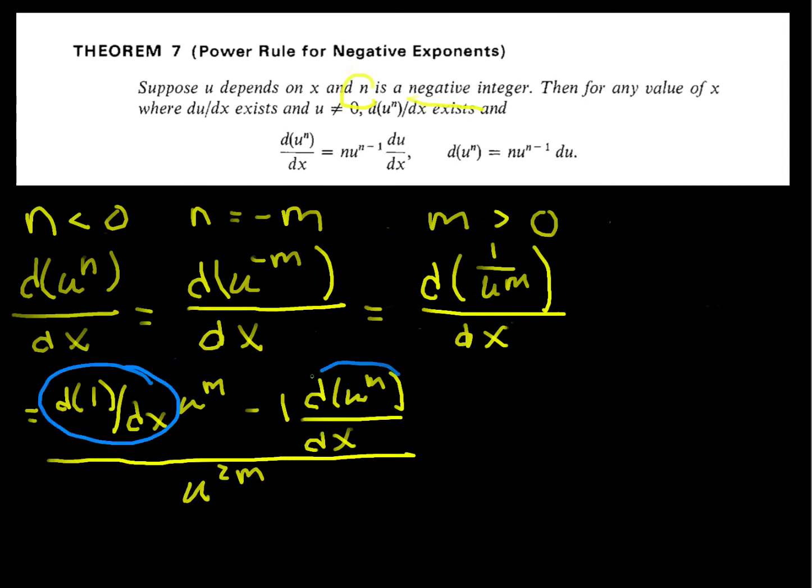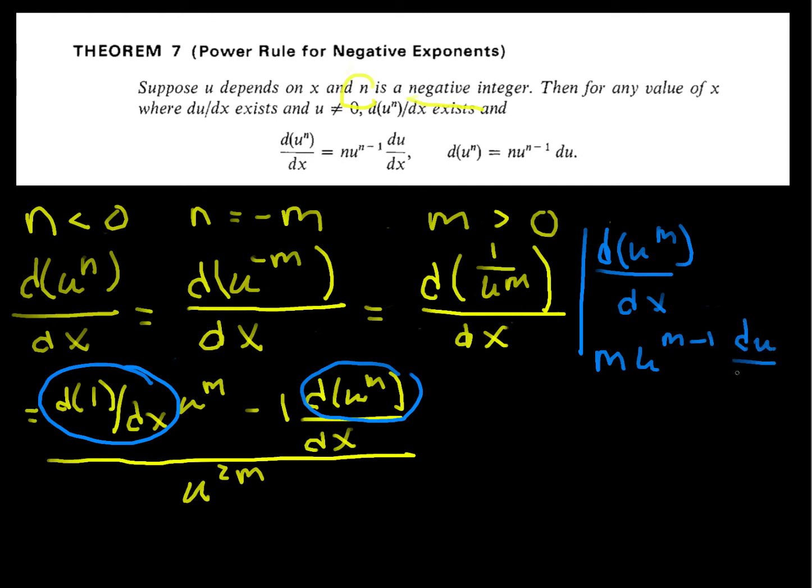And this derivative right here, we know from our basic power rule, because m is positive, the derivative of u to the m with respect to x is equal to m u to the m minus 1 du dx.